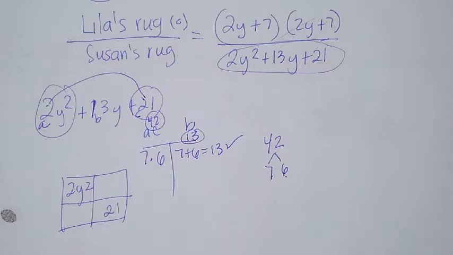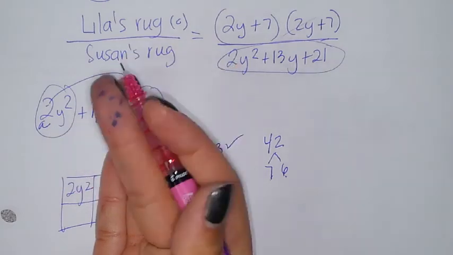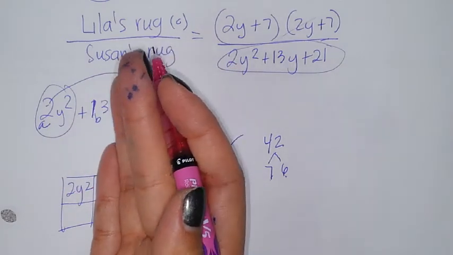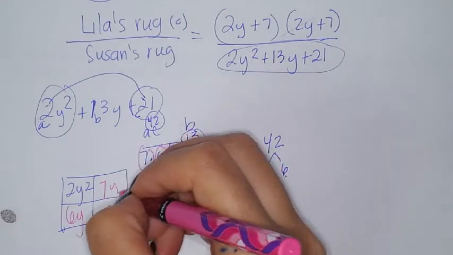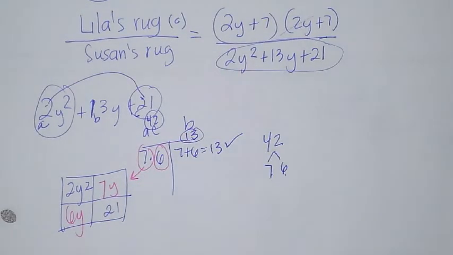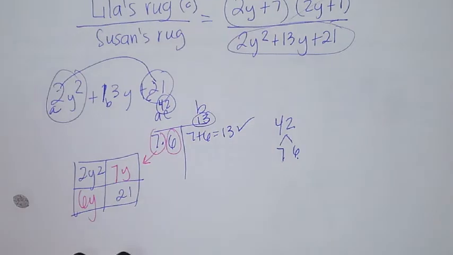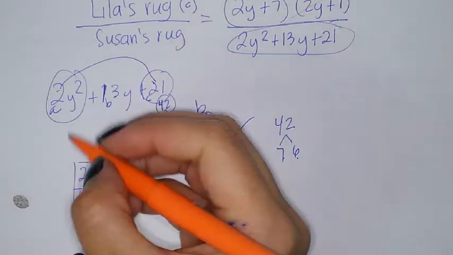Okay, so I need to decide which one to put where. Which one has a GCF with 2y, the 7 or the 6? The 6. So 6y goes here, and 7y goes there. Okay, that goes from here. Then I'm going to do the box by getting the GCF of these two, which will be 2y.